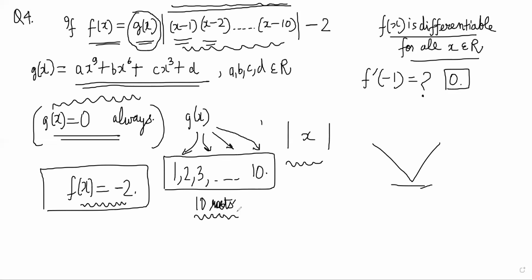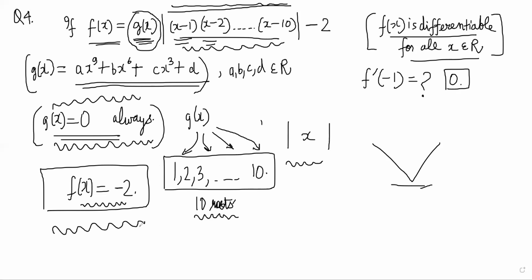It's an identity. So that is why they gave us 10 points here, because in order to make it differentiable for all x, you have to make g x 0 for 10 different points, and it was a 9-degree function. Therefore, g x must be 0 always, and only if g x is 0 always can you get f of x is equal to -2.